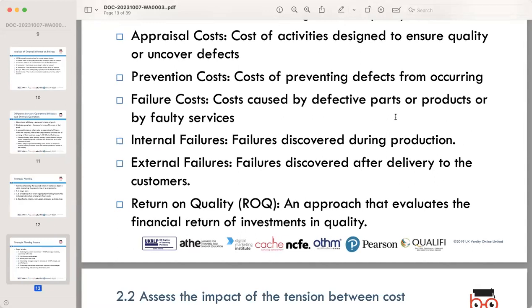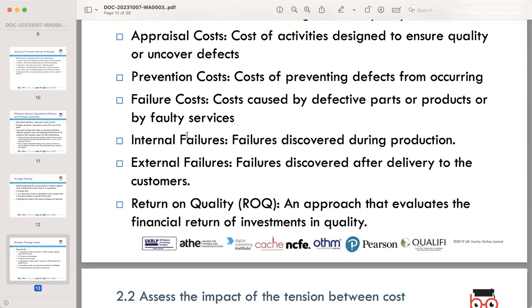So basically, cost of quality is defined as a methodology that allows an organization to determine the extent to which its resources are used for activities that prevent poor quality, that appraise the quality of the organization's products or services, and that result from internal or external failures.